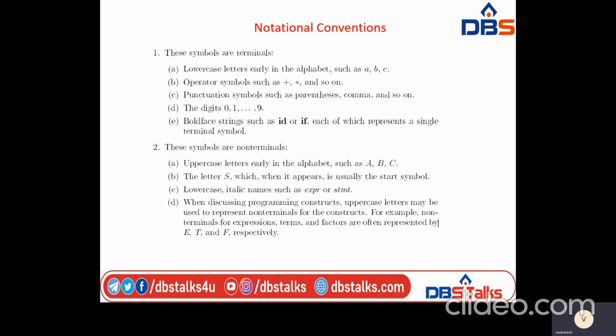Okay, whereas next one is what are the various non-terminals. Okay, so non-terminals are the uppercase letters early in the alphabet, that is capital A, capital B, capital C, capital D, like that. Next one is the letter S, which when it appears is usually the starting symbol. So the starting symbol of the context-free grammar is, we can say, S. It is a non-terminal. Next one, lowercase italic names such as expr, expression, or stmt, statement.